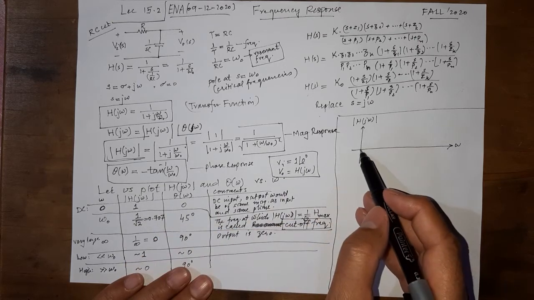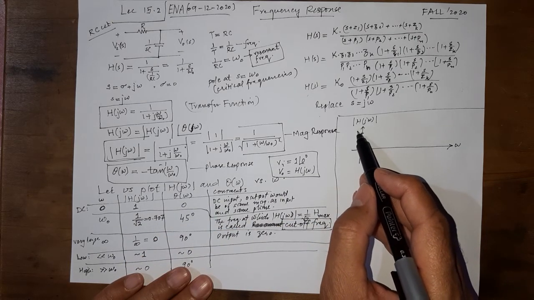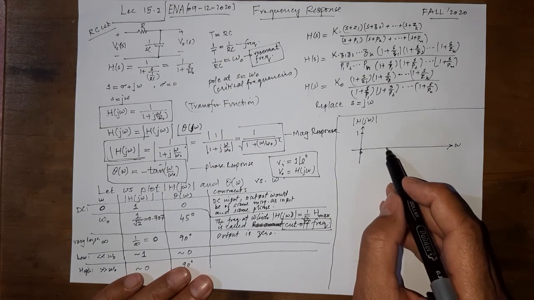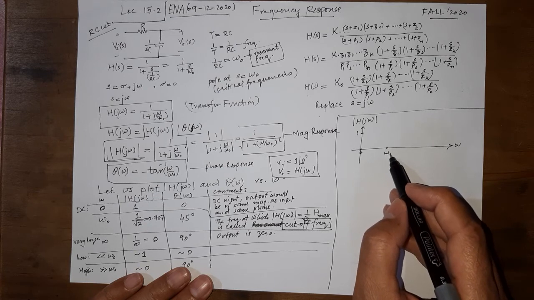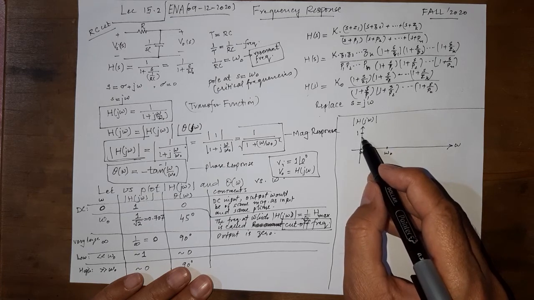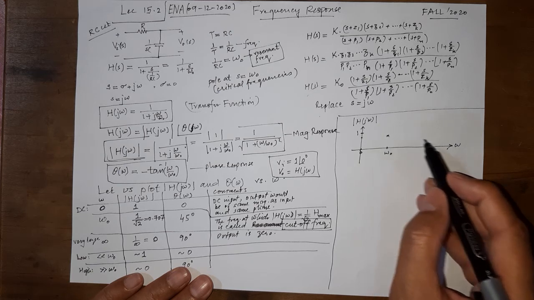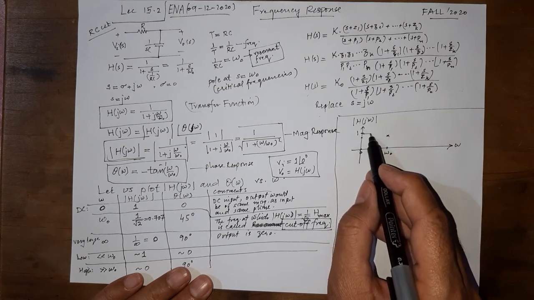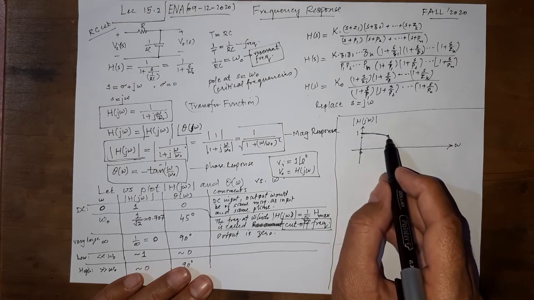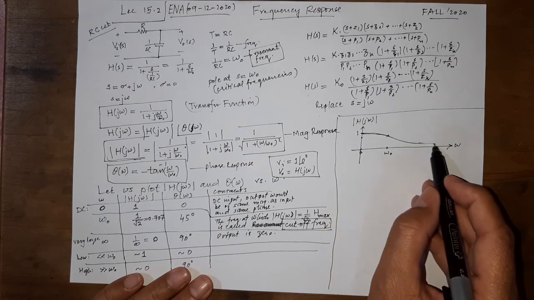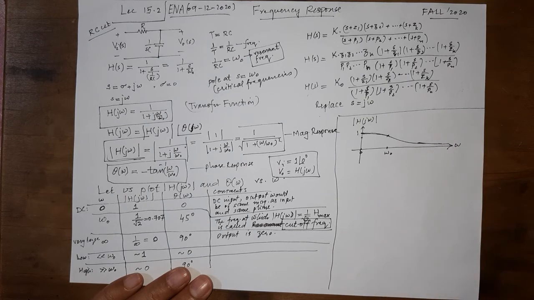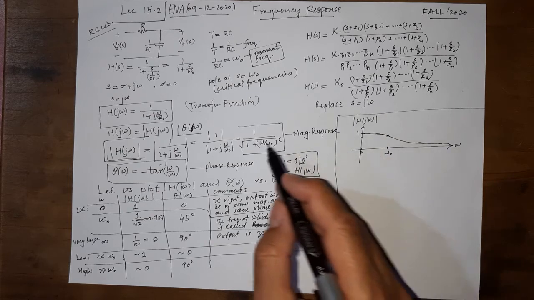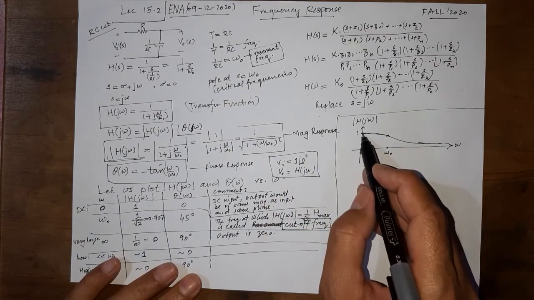So if omega is 0, we have the H of j omega magnitude as 1, and for some value of omega naught, this becomes equal to 0.707, and then for a very large value it becomes 0. So can we see that it is gradually decaying? How this decay works is obviously not linear, because we don't have a linear relationship here.